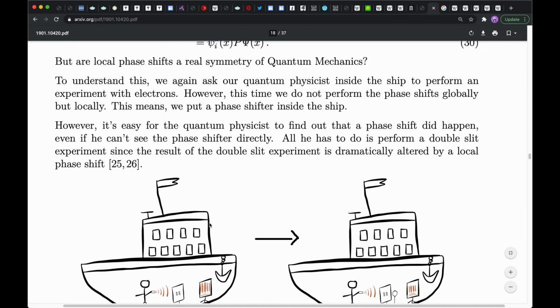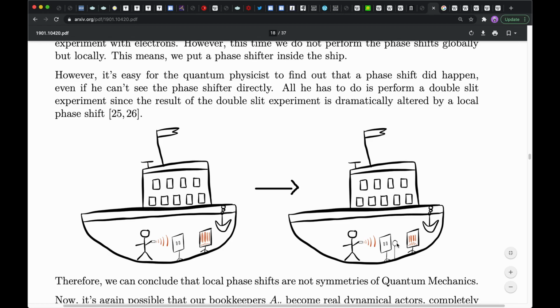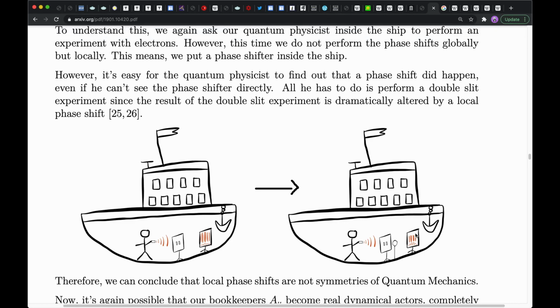And basically, we have a local phase shift here, right? And we don't have a symmetry because we are seeing a different interference pattern on the screen. Okay, I think I got it. So basically, if we make a phase shift here, the difference will be observable, right?